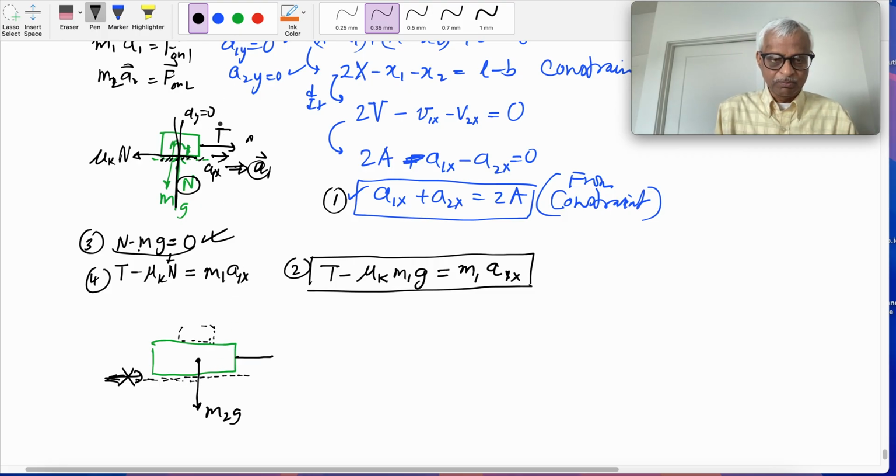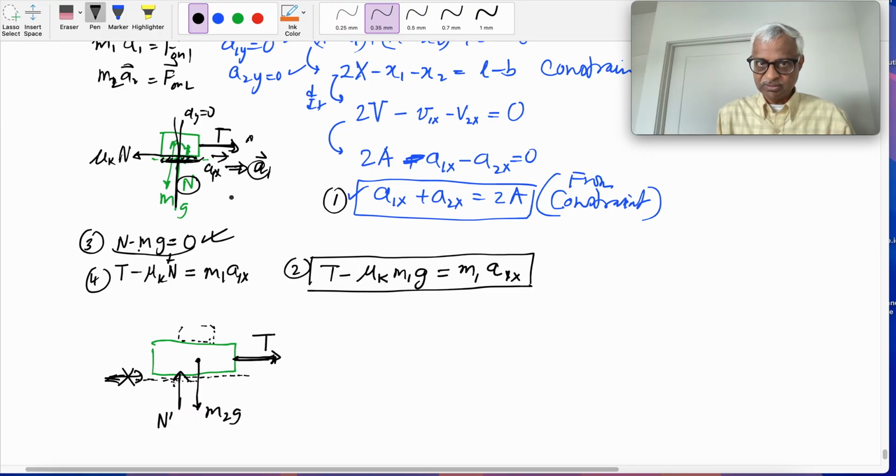So all we're going to get from this surface is a normal, but this normal is not the same as that surface. That was the surface over there. So let's call it N prime. Okay. Now this will be tension, and we're pulling away. Tension is also in the same direction as that, because over here the string is also that way. So tension is that way.